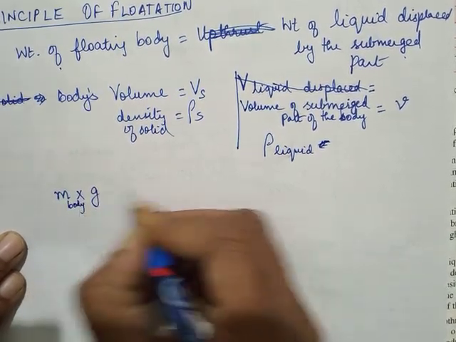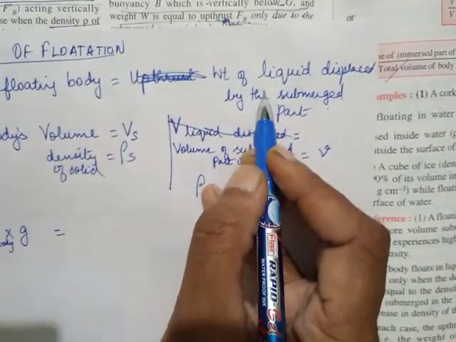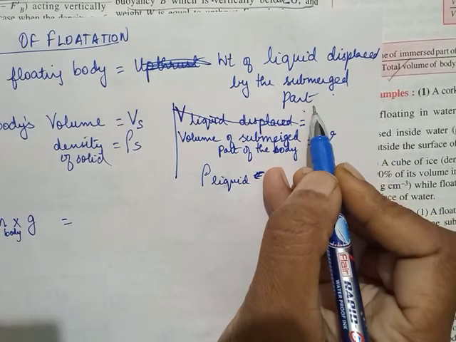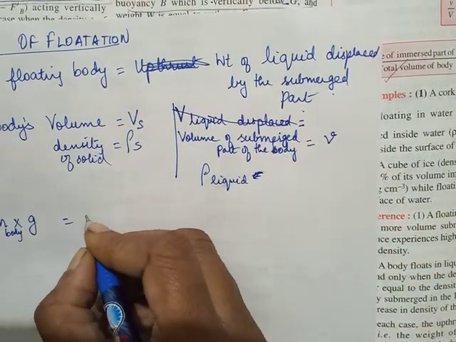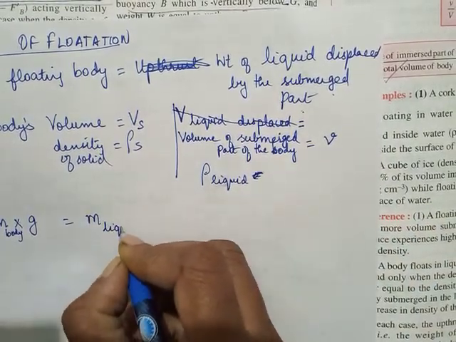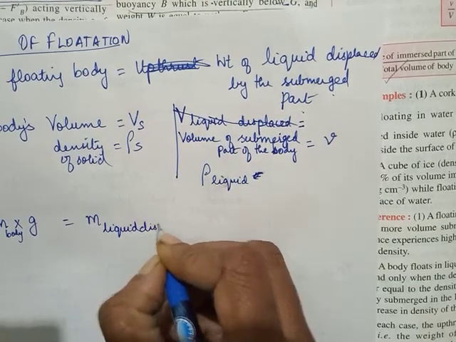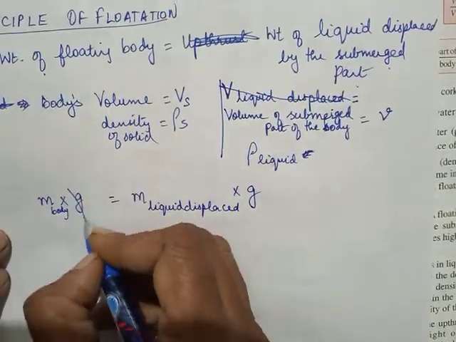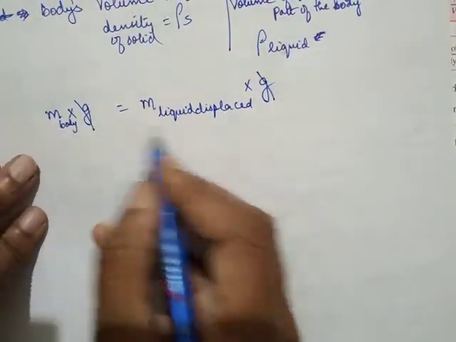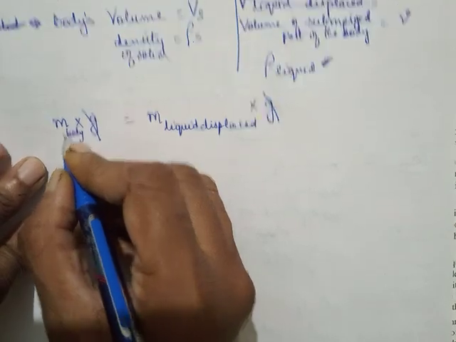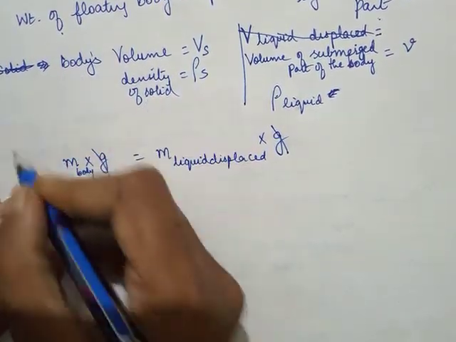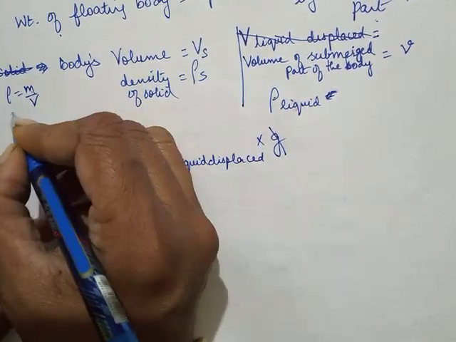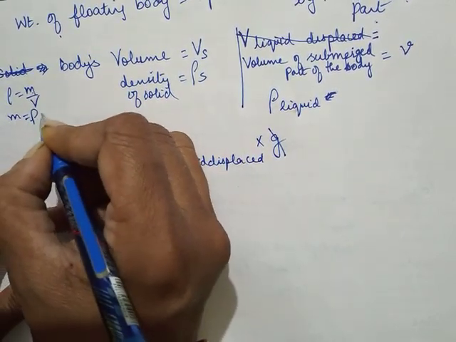And here, the weight of liquid displaced by the submerged part of the body will be the mass of the liquid displaced into acceleration due to gravity. Anyway, g and g will get cut. Now, I know volume and density. So what is mass in terms of volume and density? Density is mass upon volume. So mass is density into volume.